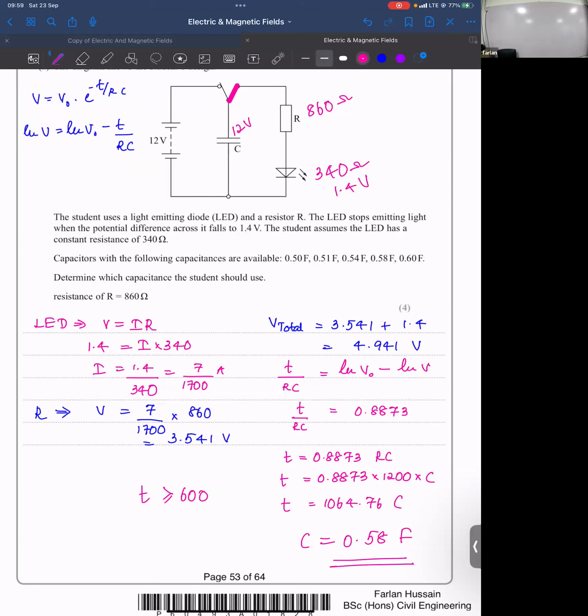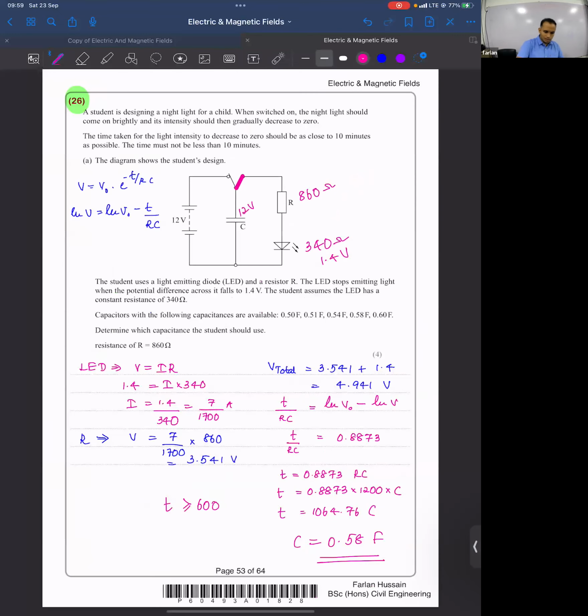If I just use 600 at this point, it can be a bit confusing for you all. The reason is that without putting T equals 600 and finding the C, I just did a trial and error by substituting each C value to see which will make the T more than 600, because I didn't want to use too much maths here.